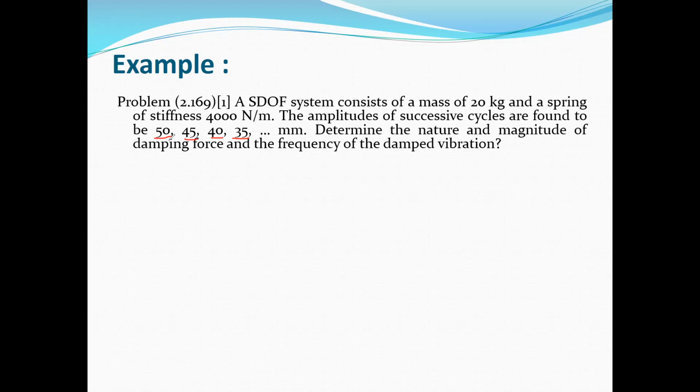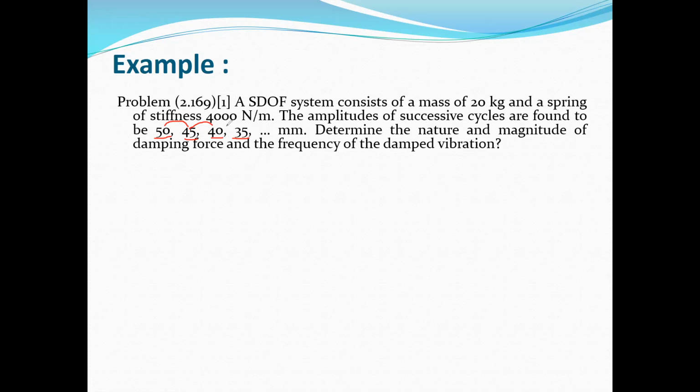Here, the amplitude is decreased linearly, as you can see, by 5 millimeters in each cycle. From the first cycle to the second one, the amplitude is decreased by 5. From the second one to the third one, it is decreased by 5. So it's decreasing linearly.